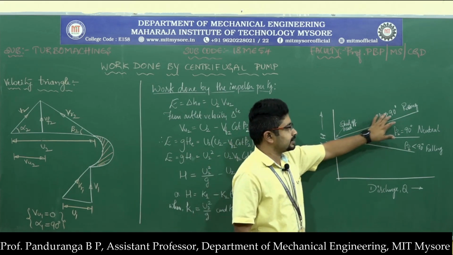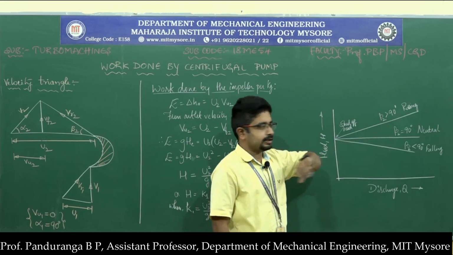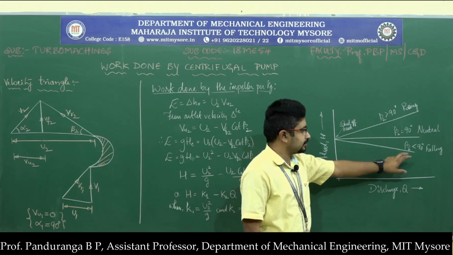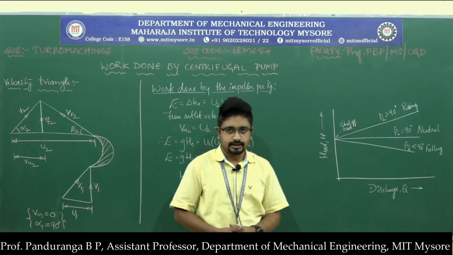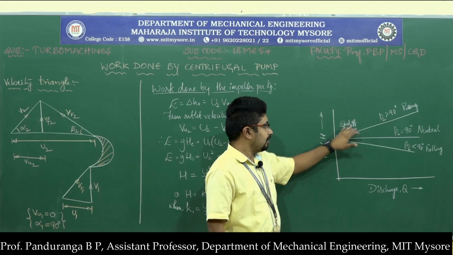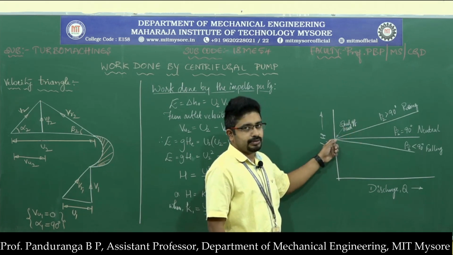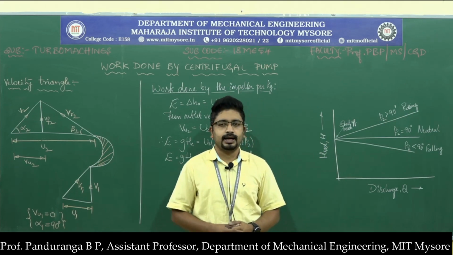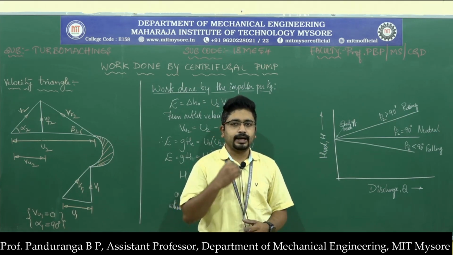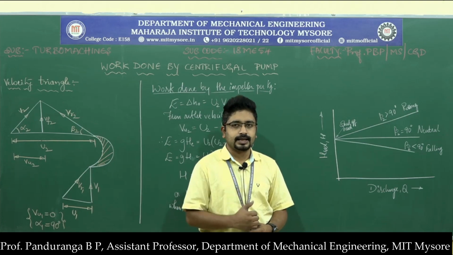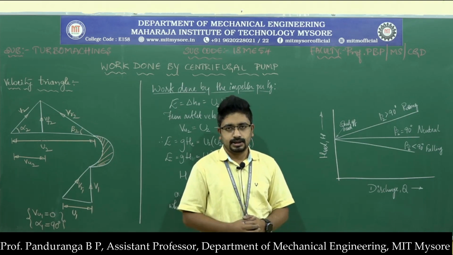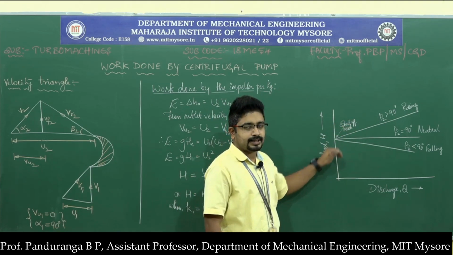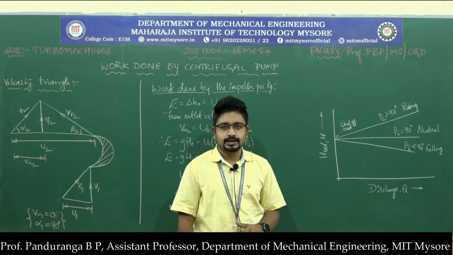One when beta 2 is greater than 90 degree, another when beta 2 is equal to 90 degree, and the last when beta 2 is less than 90 degree. All these three lines meet the y axis at the shut off head. Shut off head is the head such that if the head developed by the impeller is less than that, then the discharge will be 0. That is the meaning of shut off head. So below that head the discharge will be 0.